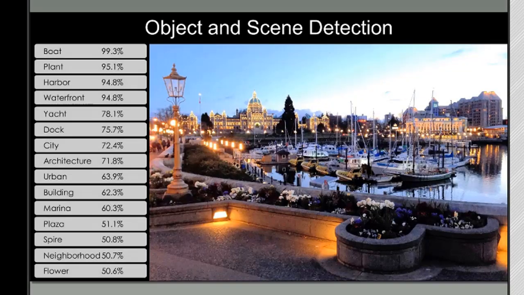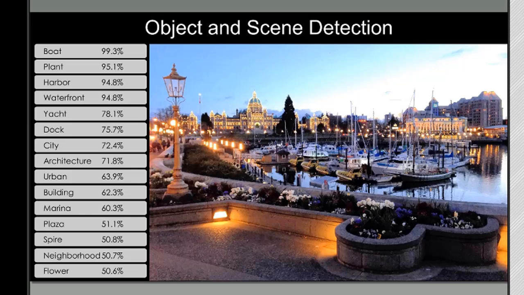So when we think of object and scene detection, it's a case of looking at an image, understanding what's in the image. Rekognition is trained with thousands and thousands of labels. We call them labels, and the API is called DetectLabels. And what you'll see when you submit a new image to Rekognition, and you can do this through the console, you'll see the labels that are generated as a result of all that training.